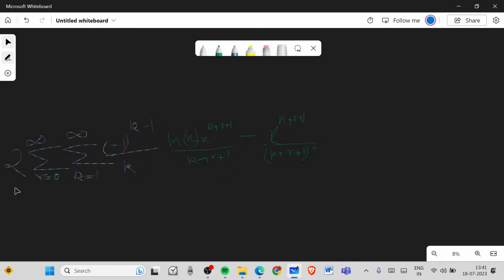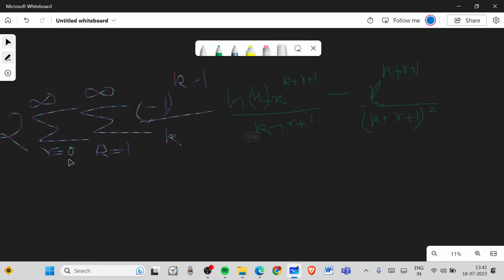Okay, x to the power r plus 1, we can even pull it out from this sigma.